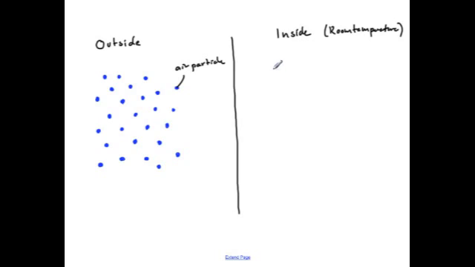When gases heat up, particles start to vibrate more vigorously. They start to move faster and they spread out. So let's do the same amount of particles, 26 particles, in room temperature. We know that the distance between them is going to be larger. So we'll do 26 particles like this.